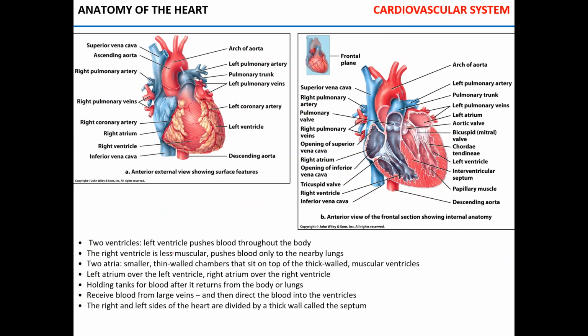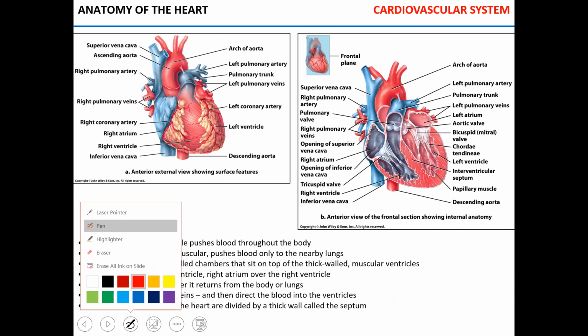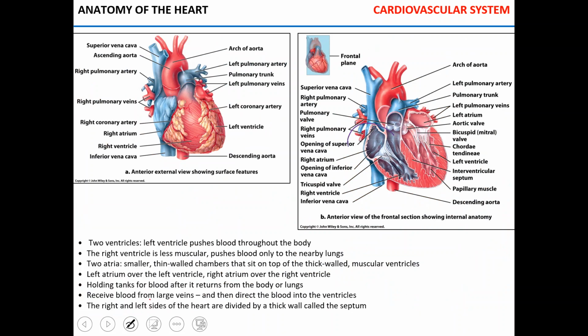The heart has 4 chambers, 2 atria. Let me change the color of the pen. Hopefully it will be seen better. 2 atria, that's 1 and 2, and 2 ventricles, 1 and 2.